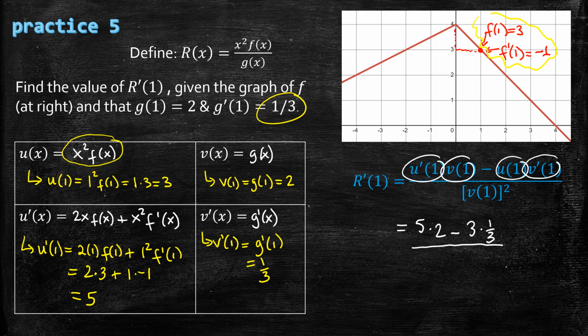And let's not forget to divide by v of 1, which is 2 squared. If we work that all out, we get 9/4 as the answer. So once again, this structure, doing sort of all the work in this table up ahead, makes the actual use of the quotient rule much more efficient.